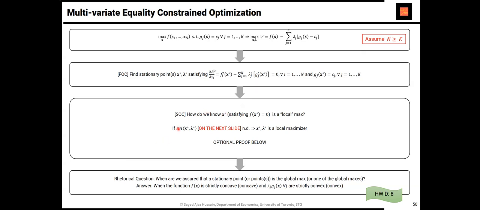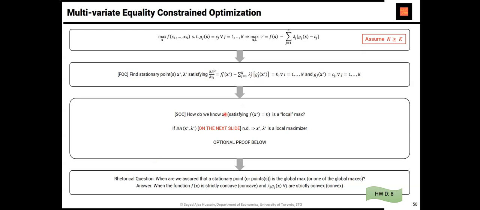I forgot to say this, I'm sorry. I should have said, how do we know the x stars and the lambda stars, satisfying this system right here, the partial derivatives of the Lagrange function, is a local max?